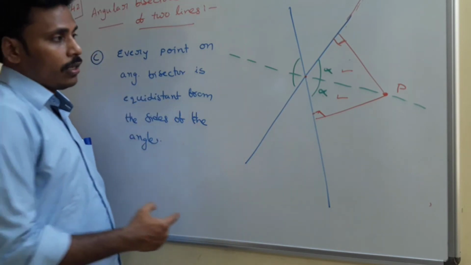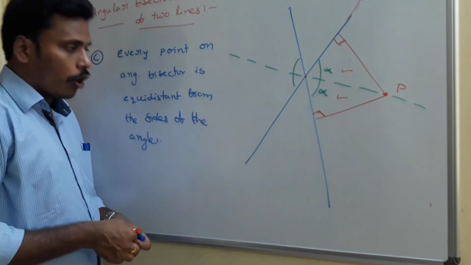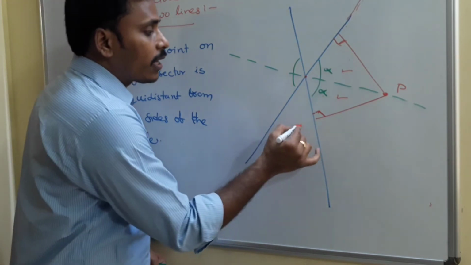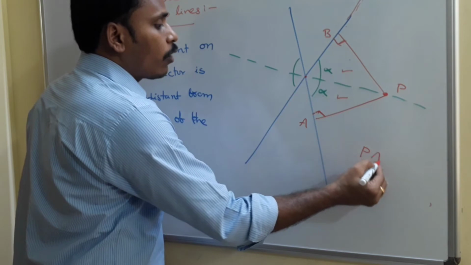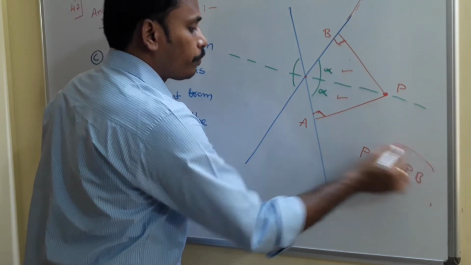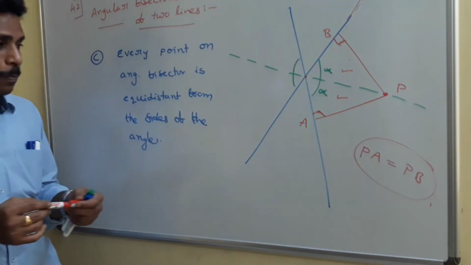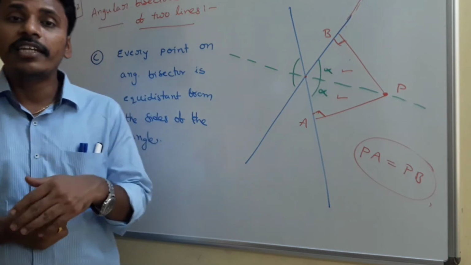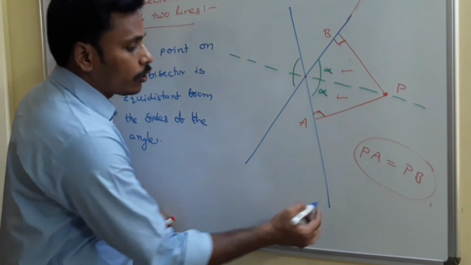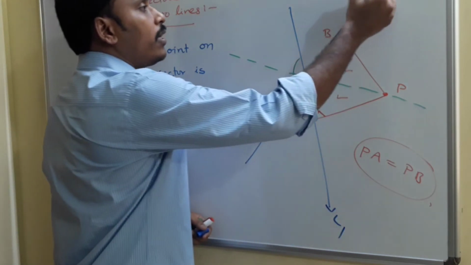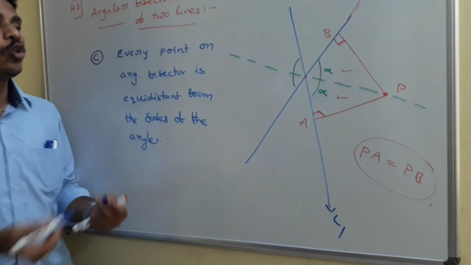According to that congruency, these two triangles are congruent, and so we say that PA is equal to PB. But actually, what is PA? PA is the distance from P to line 1. You just name the lines as L1 and L2. And PB is the distance from P to line 2.